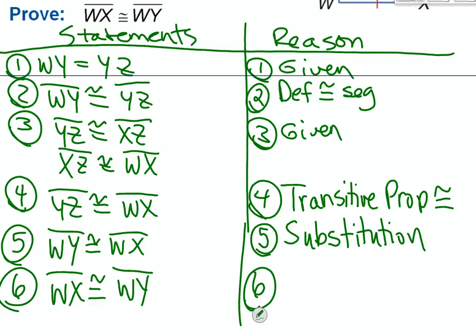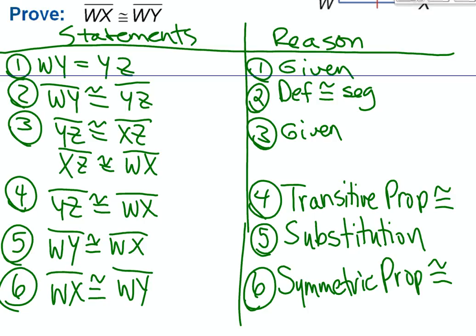Do you know what that's called when we flip them? Go ahead and say it. Symmetric property of congruence. Now, am I exactly to my proof statement? Yes, I am. So I have everything done that I need to have done there.